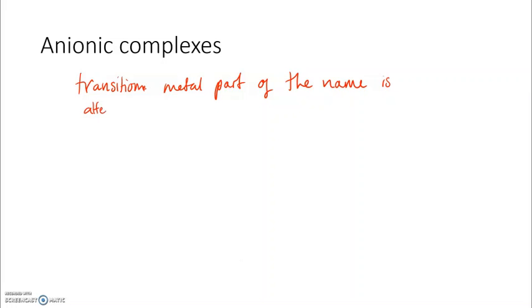Now, what goes on with an anionic complex is that the transition metal part of the name is altered to end in -ate.